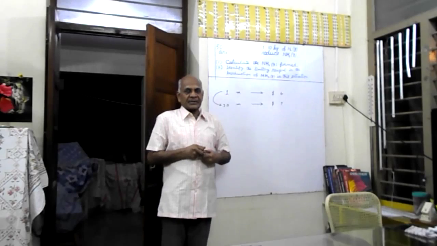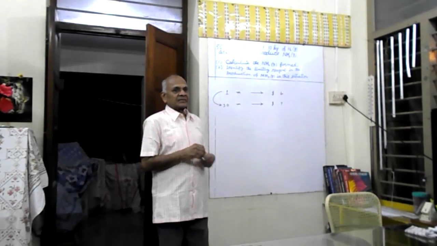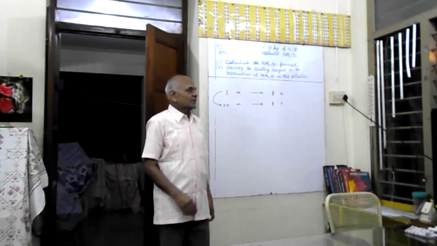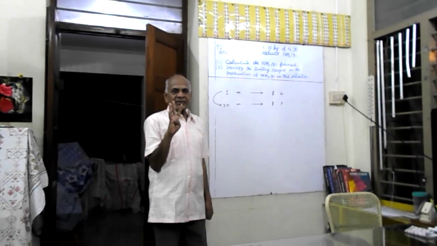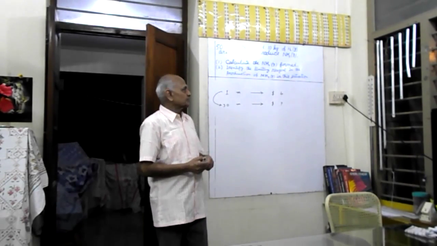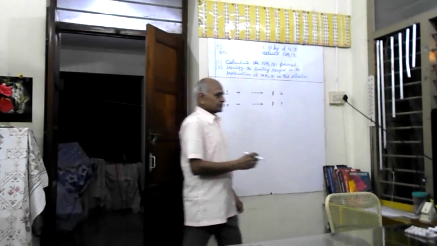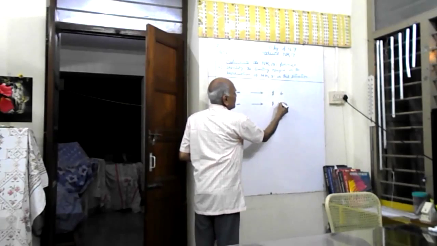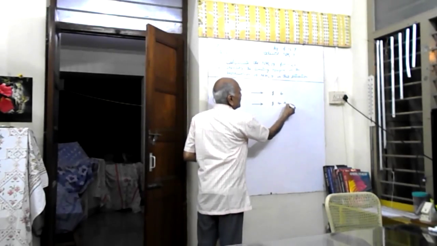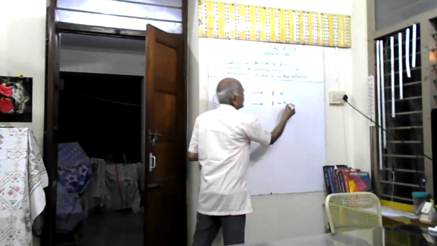Now we have to choose the operation. This is a directly proportional problem. So for 1 to some number, among the 4 operations, we choose multiplication. So what do we do? We write this 4 here and we multiply this by this number.